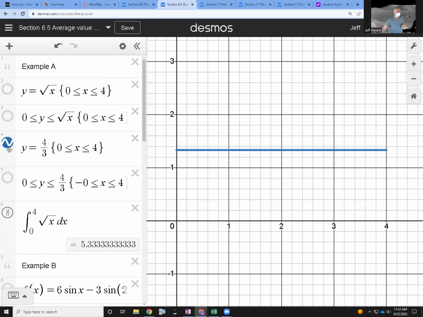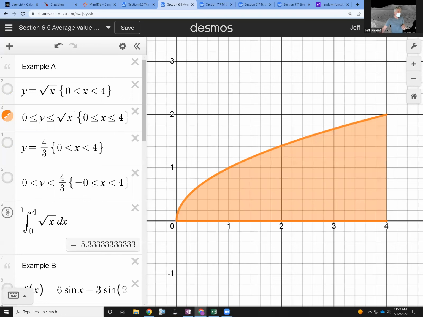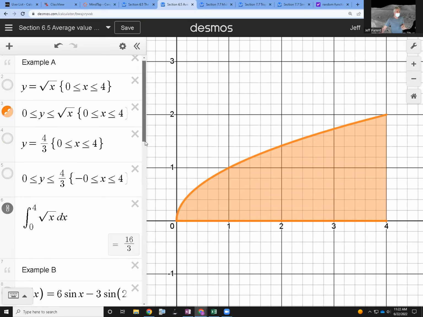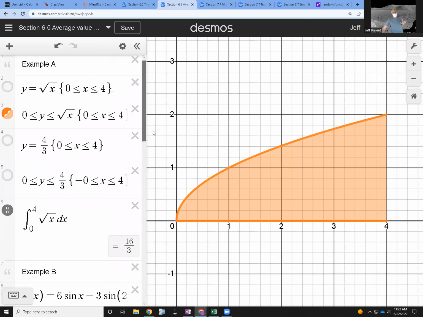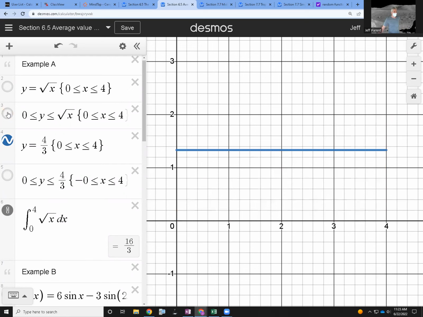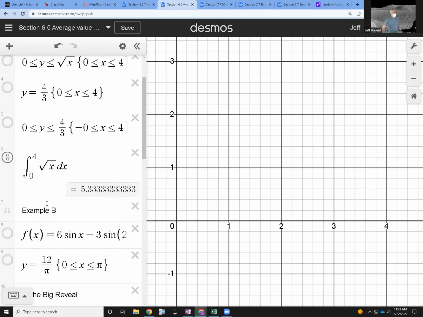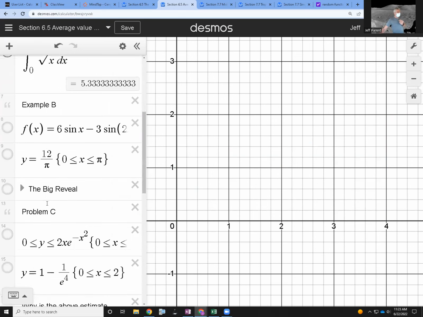And coincidentally enough, well, actually not really a coincidence, that entire area, if you look at it, is also 16/3. So a couple different ways to look at that area. One is just with our calculus, and one goes back to geometry, just length times width. So nice, nice.